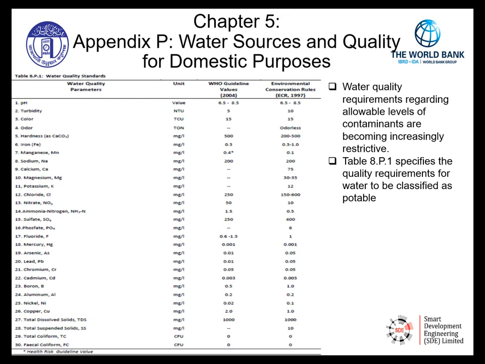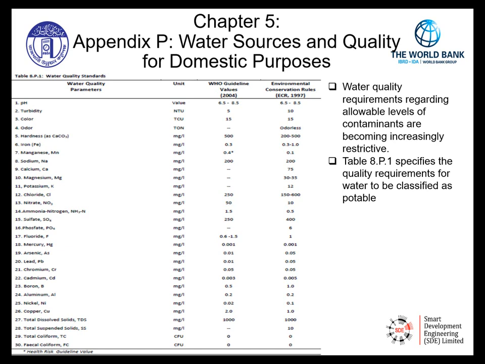Appendix P gives us water sources and quality for domestic purposes. As can be seen with respect to this particular guide or chart, it is titled Table 8.P.1, Water Quality Standards.